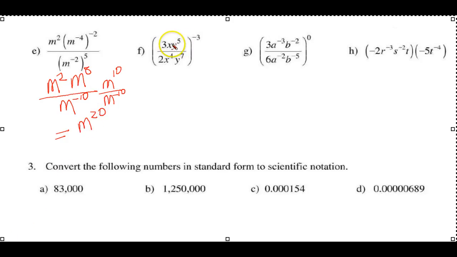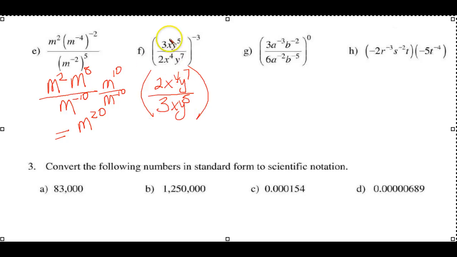Now, when we have a fraction like so, and this is raised to a negative power, what you can do is just flip this over, which is what I'll do: 2x to the 4th, y to the 7th, over 3xy to the 5th.